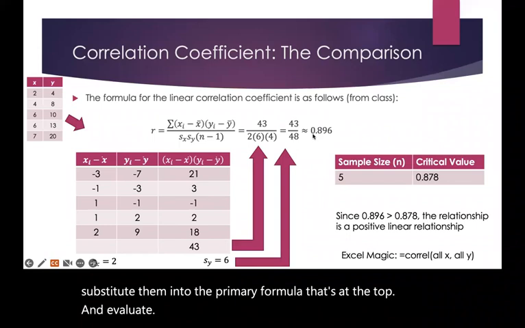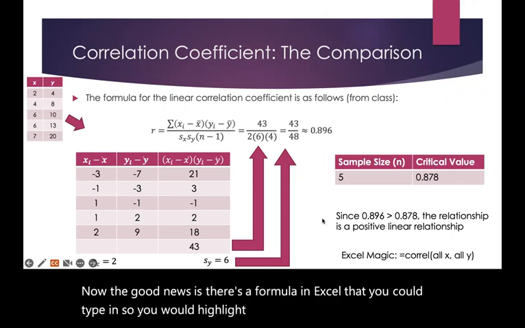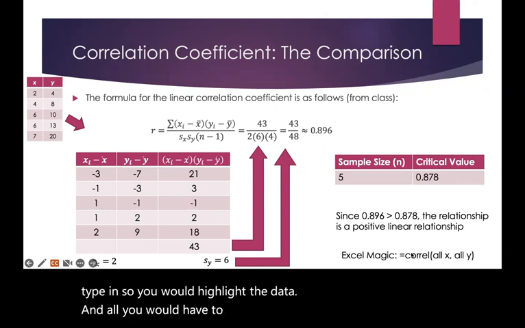Now, the good news is there's a formula in Excel that you could type in. So you would highlight the data. And all you would have to do is type in equals CORREL for correlation. So CORREL.